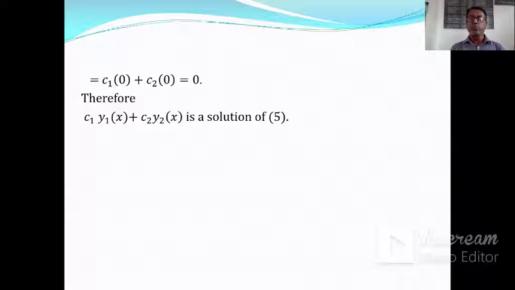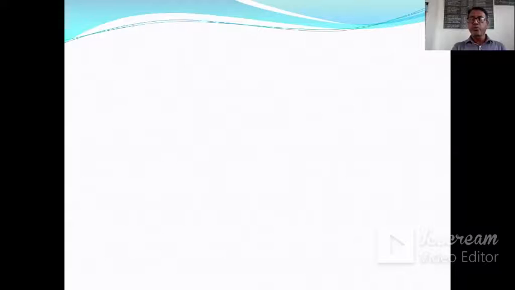By using the rules of derivatives and equations 6 and 7, we have seen that the right hand side has to be 0, and therefore we conclude that C1 y1 of x plus C2 y2 of x is also a solution of the nth order homogeneous linear differential equation with constant coefficients.